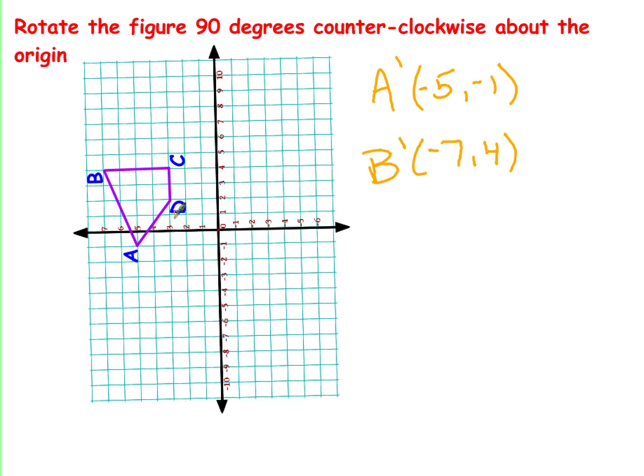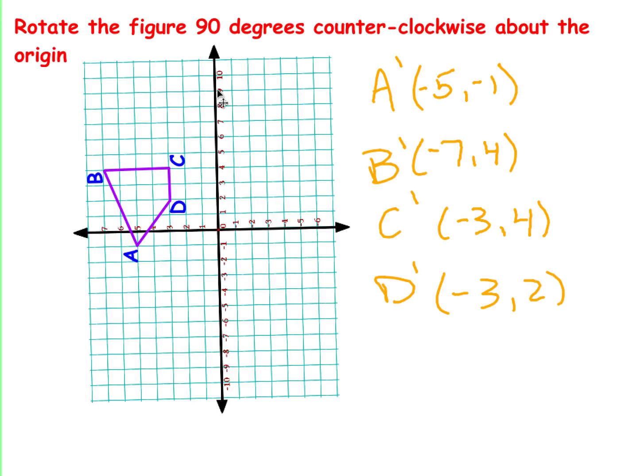C prime is at -3, +4. And D prime is at -3, +2. So there we have it. I've got all my new points for my image.